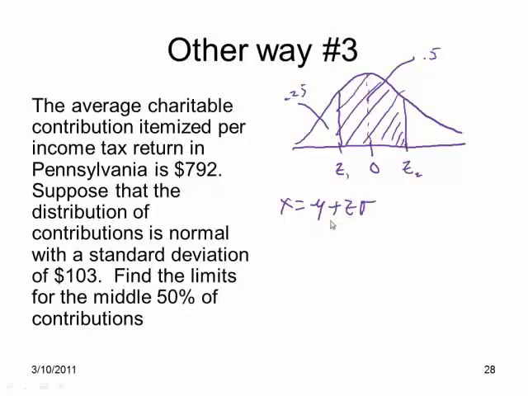But this little routine will do it for you. It's just now we'll enter in inverse norm, again the lower area, comma, and then if we supply mu and sigma as well, this will come back and tell us what the x value for this one is and the x value for this one. We just have to do them one at a time.